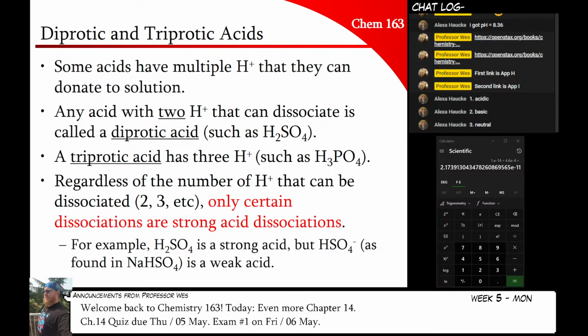Now, regardless of how many H pluses are there, only certain dissociations are going to be worth consideration, and it's for the same reason that we only consider the stronger acid in a mixture of acids. For instance, if I look at sulfuric acid, H2SO4 is a strong acid, HSO4 minus is a weak acid.